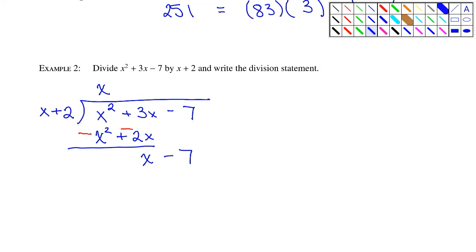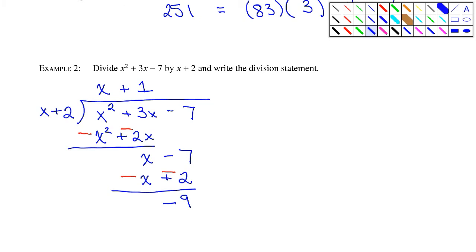Then we repeat the process, and we say x goes into x one time, so this is plus 1. 1 times x is x, and 1 times 2 is plus 2. Change these signs again, because that's the subtraction step. x minus x cancels, and then we have minus 9.